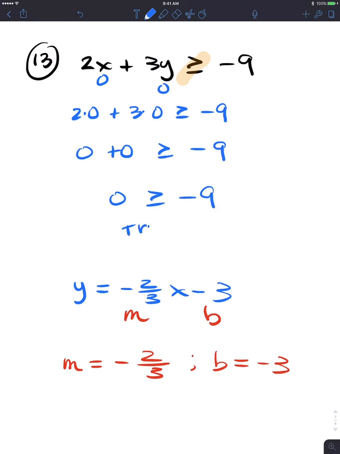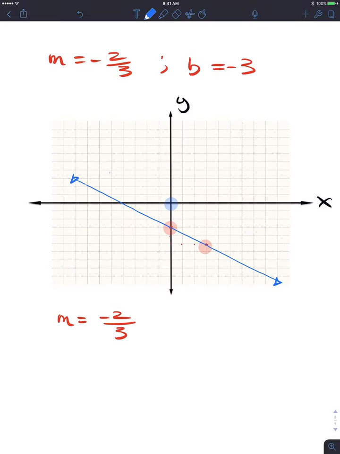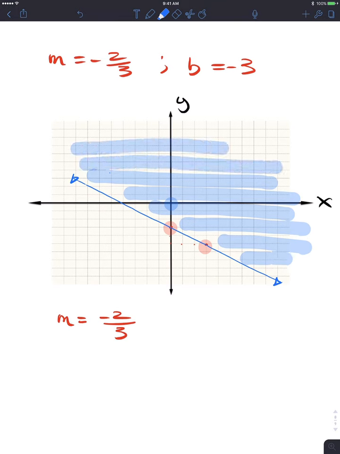This here is a true statement. That means we shade the region that includes our test point, the origin. This is the graph.